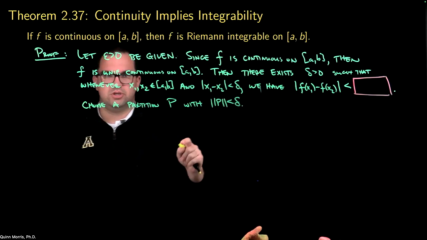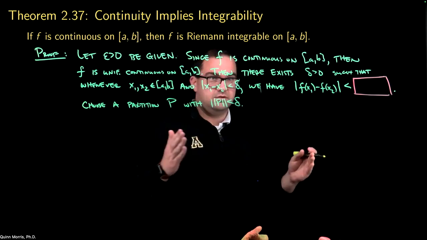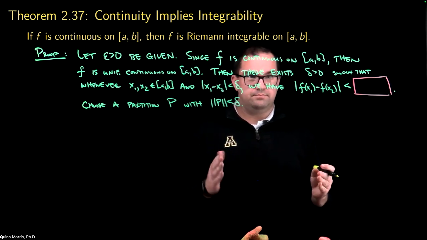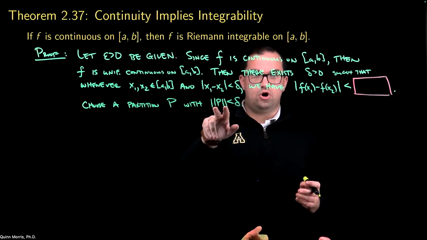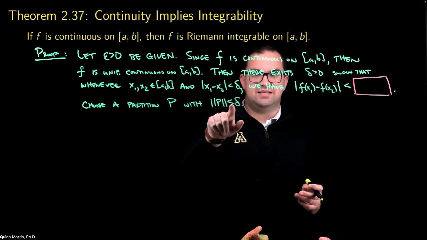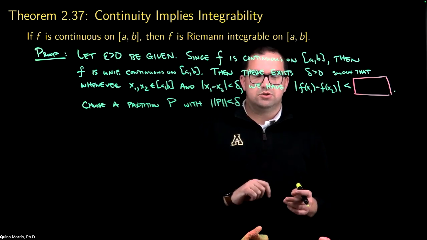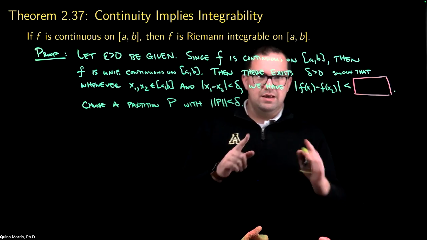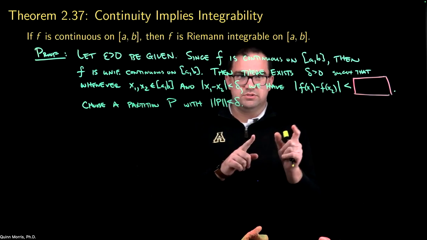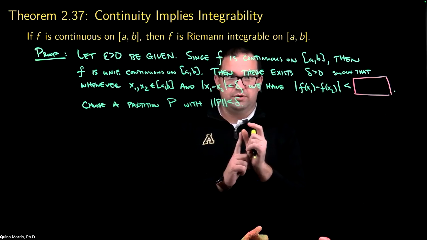The norm of the partition is the largest subinterval of the partition. So the largest subinterval has a length that's less than delta. Really the way I want to think about this is, if I choose a partition P with norm less than delta, that means each of my little subintervals has length less than delta.